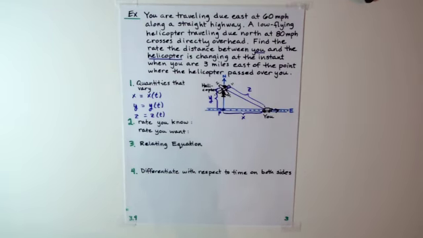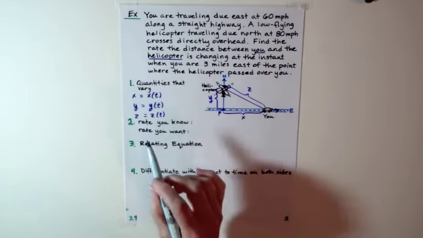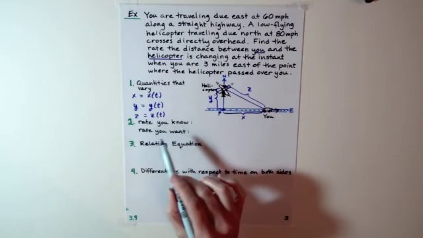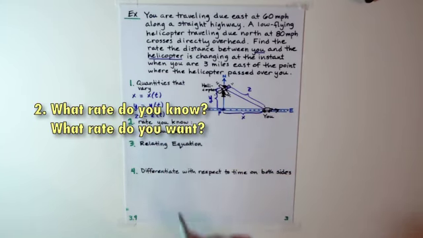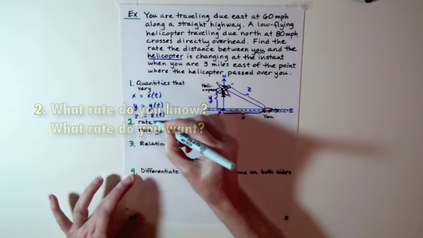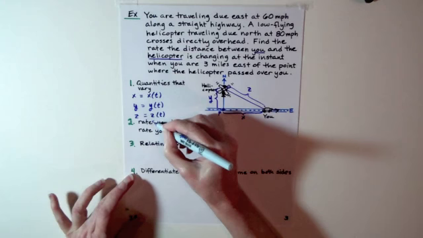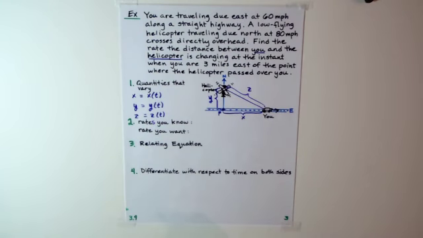Okay, next thing we want to do is write down the rate that we know and the rate that we want. And in this case, I'll give you a little hint. There are actually two rates of change that you know, and there's one rate of change that you are asked to find. So two rates are given. One you want to find.